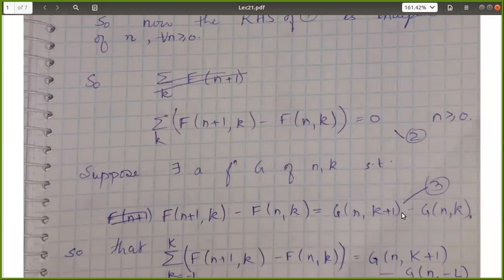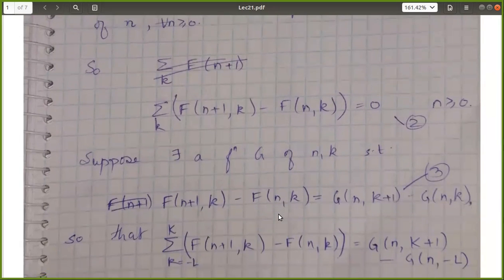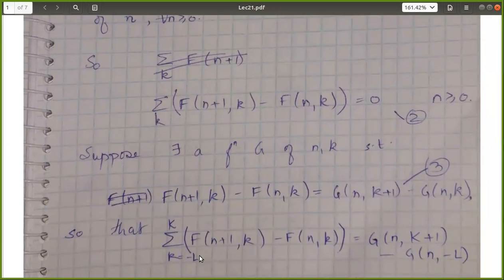If this happens to be true, then it is clear to see that if I take this particular summation on the range minus L to positive K, then this will survive only for g n, capital K plus 1, and the bottommost term here would be g n, minus L. All in-between terms will cancel out consecutively. So we have reduced this entire equation to just this, provided I have such a function g.